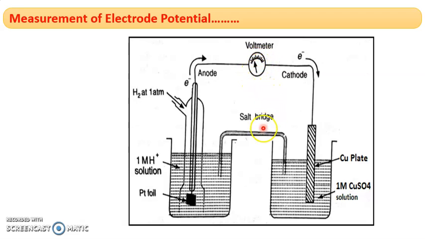Now if we compare the standard hydrogen electrode and the copper electrode, the standard hydrogen electrode has higher reactivity compared to the copper electrode. So oxidation occurs at the standard hydrogen electrode, and at the copper electrode reduction occurs. Now the voltmeter gives the value 0.34.